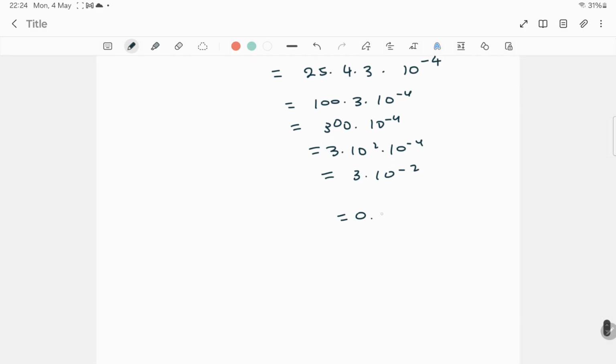So that's going to be 0.03. The Reynolds number in this case is 0.03 or 3 over 100.